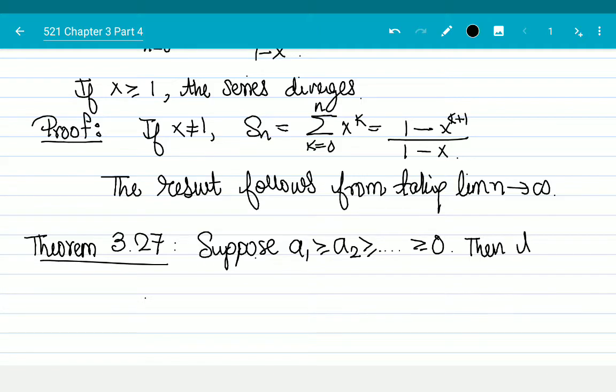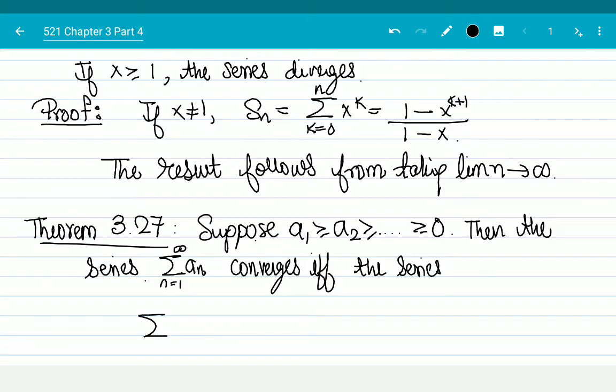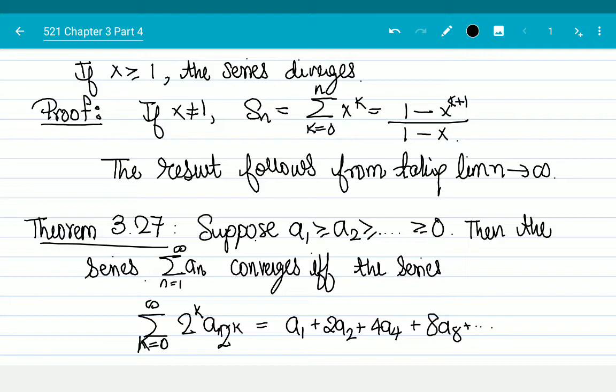Then the series summation n equal to 1 to infinity of an converges if and only if the series summation k equal to 0 to infinity of 2 to the k a2 to the k, which in this case is equal to a1 plus 2a2 plus 4a4 plus 8a8 plus dot dot dot, converges.